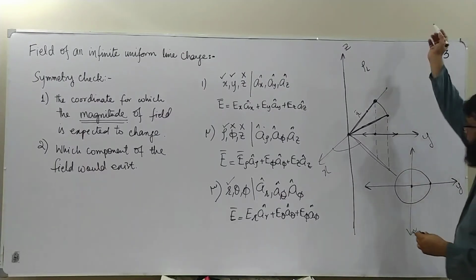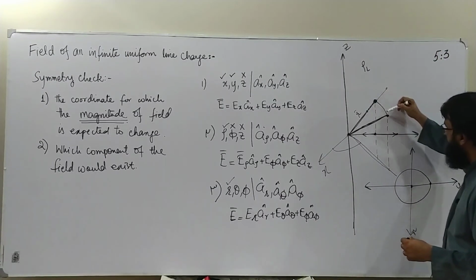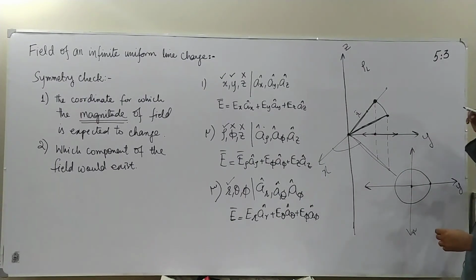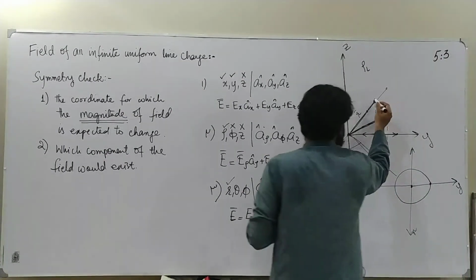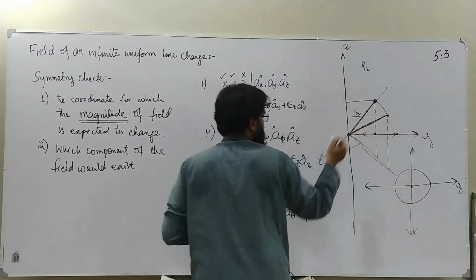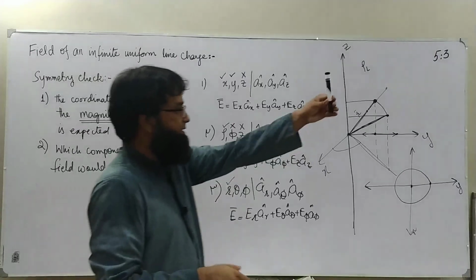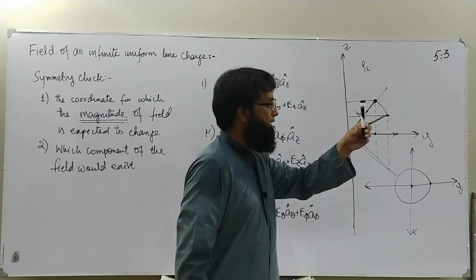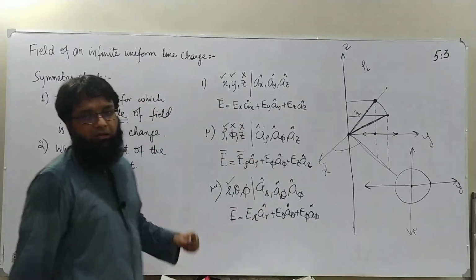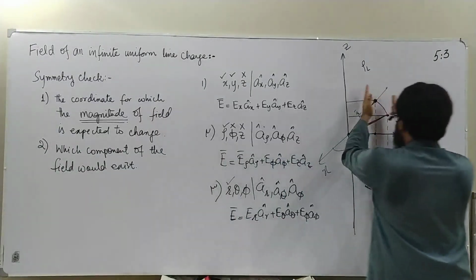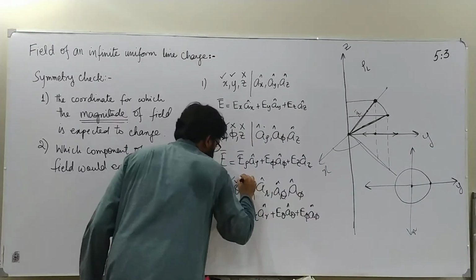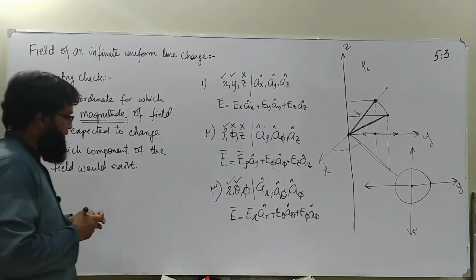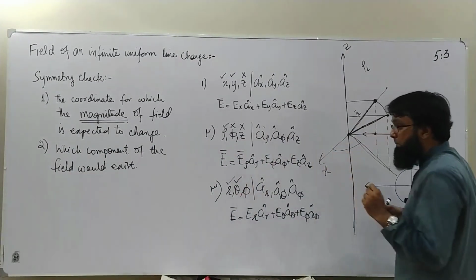Coming from here to here is not changing my distance from the origin, but it is changing my distance from the source. Earlier I was closer, now I am a little farther. If this is the line charge and I am standing here or here, there will be a change in the distance between the field point and the source point. It means that changing theta will definitely change the magnitude of the field.